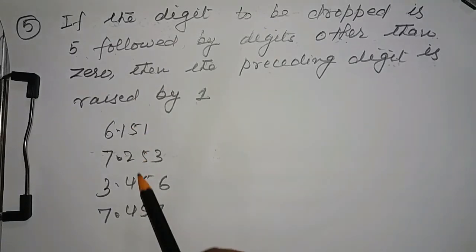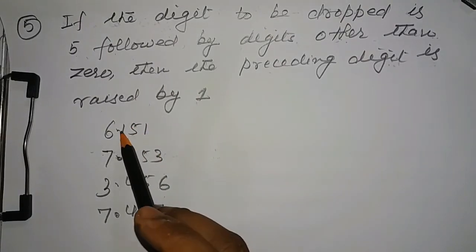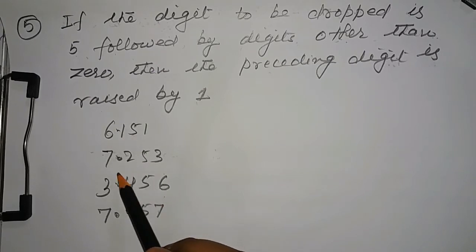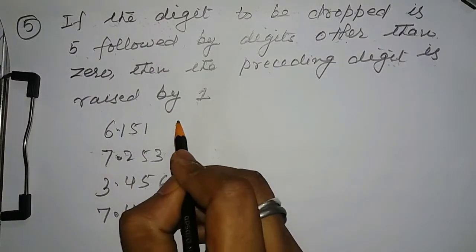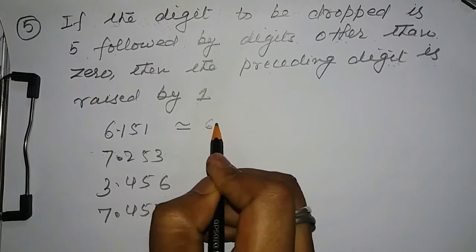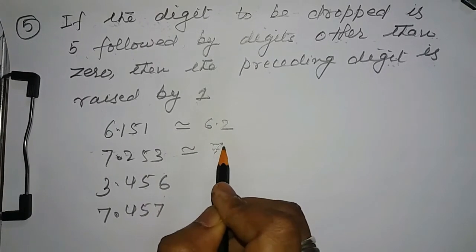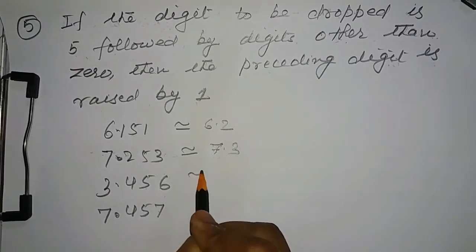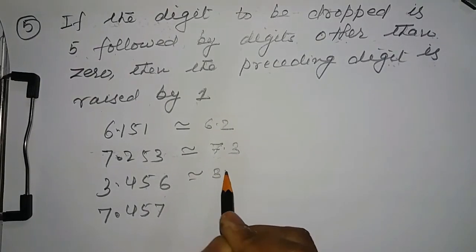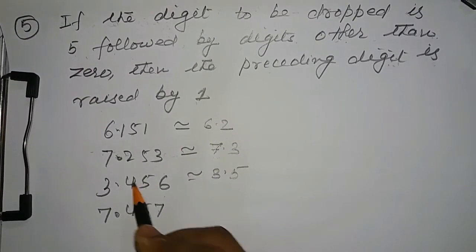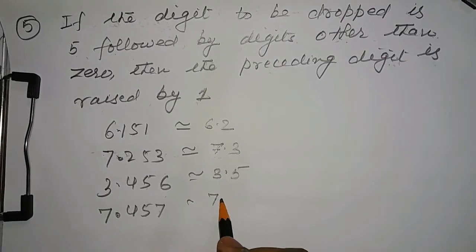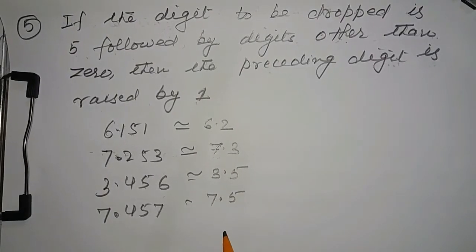All 5s are followed by a non-zero digit, so the preceding digit will be increased by 1. That will be 6.2, 7.3, 3.5 and 7.5.